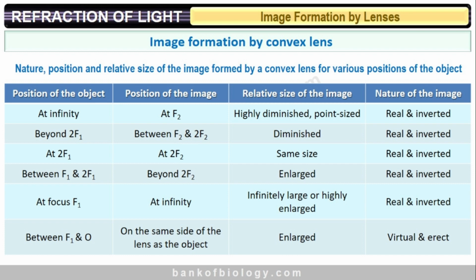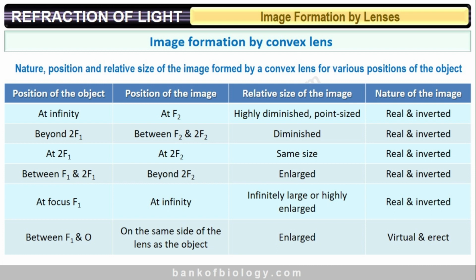Nature, position and relative size of the image formed by a convex lens for various positions of the object. Object at infinity: image at f2, highly diminished, point-sized, real and inverted. Beyond 2f1: image between f2 and 2f2, diminished, real and inverted. At 2f1: image at 2f2, same size, real and inverted.